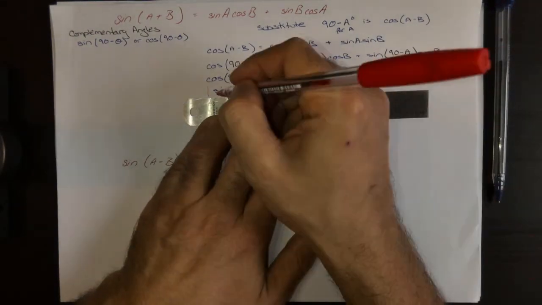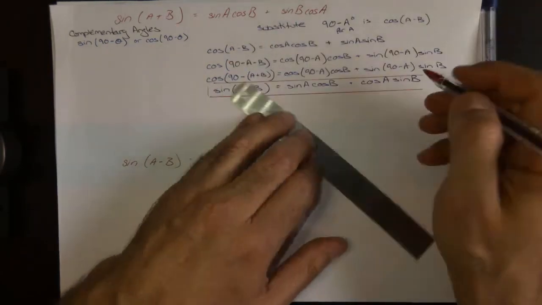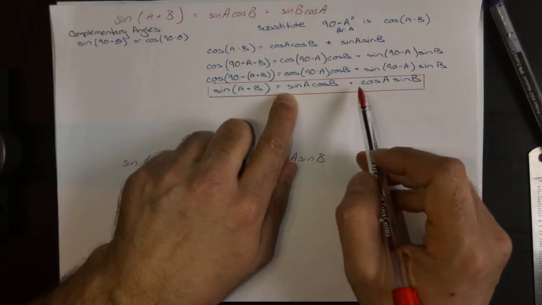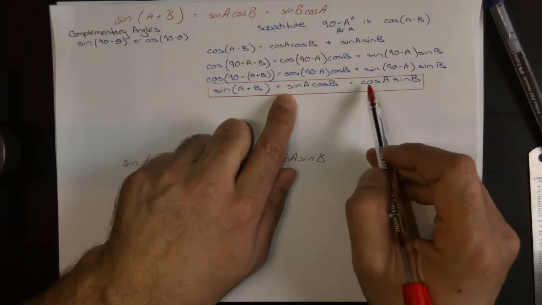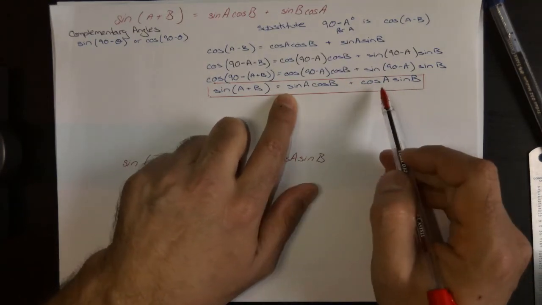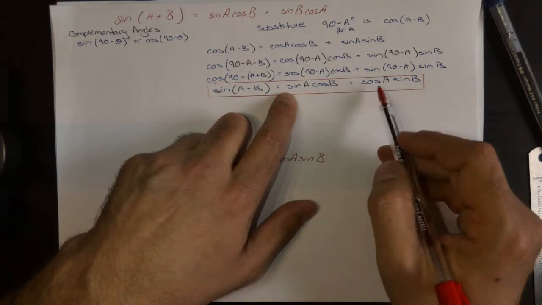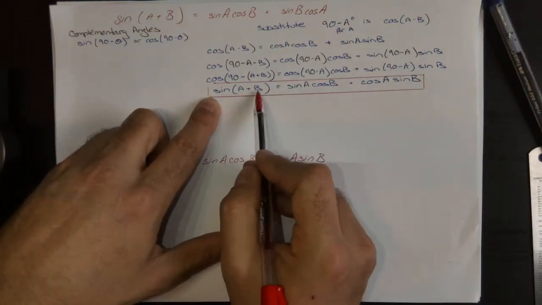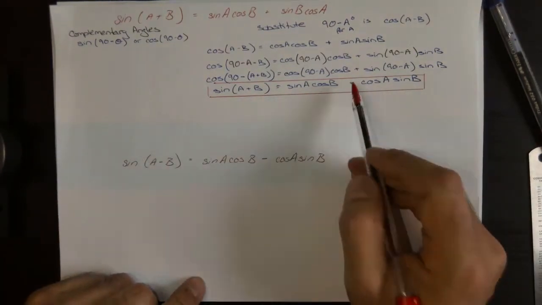So notice here, we've got sine A plus B. It will give a solution of sine A cos B plus sine B cos A, or cos A sine B. Because they're multiplying, it doesn't matter which order it comes in. But usually we would write it as sine A cos B plus sine B cos A. So when we're adding two angles in sine, it's sine and cos. The symbol stays the same.